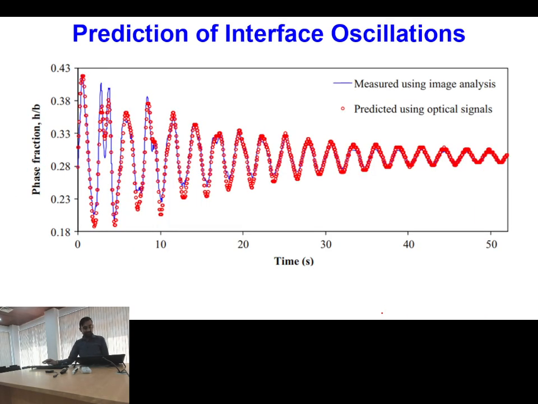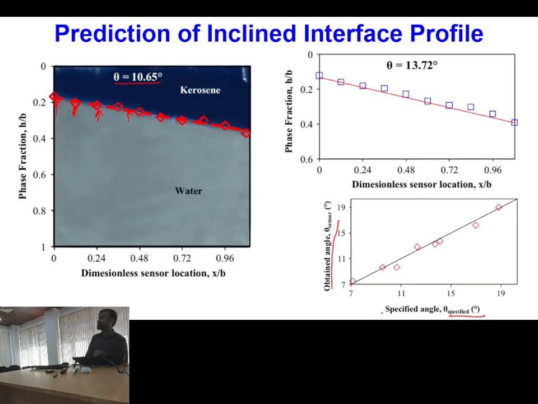Then further, by doing some arrangement, this interface was subjected to oscillations. Okay, in the previous measurement this was a steady interface, but now you have a dynamic interface which is oscillating something like this.